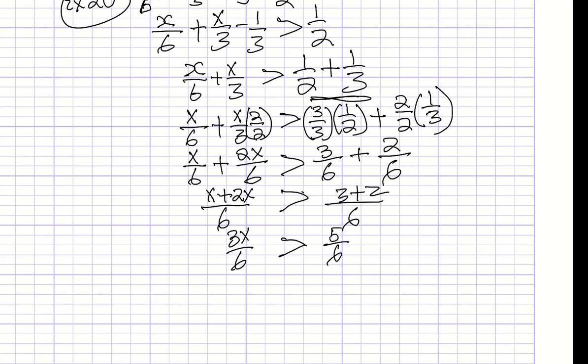You see it, right? All right. You can even multiply both sides with 6. If you want to multiply both sides with 6, you multiply this side by 6, multiply that side by 6. What do you get? You get 3x greater than, we didn't change anything, greater than 5.